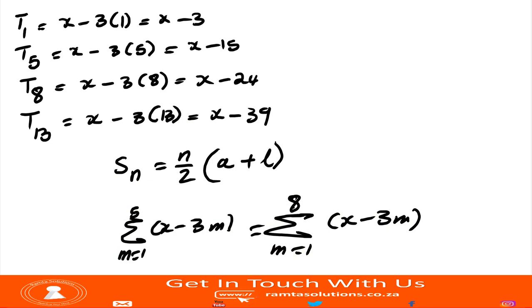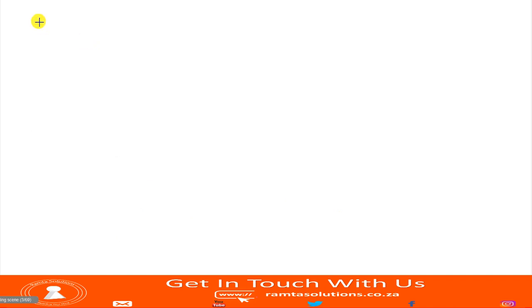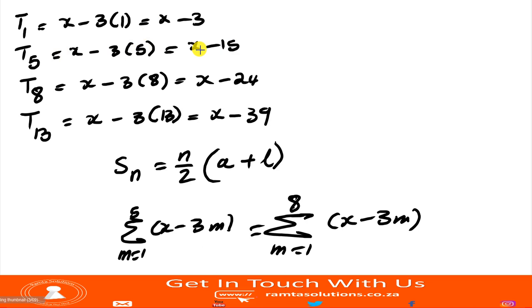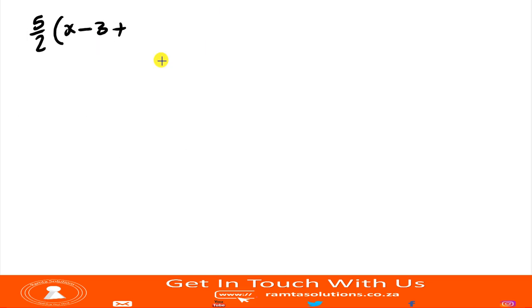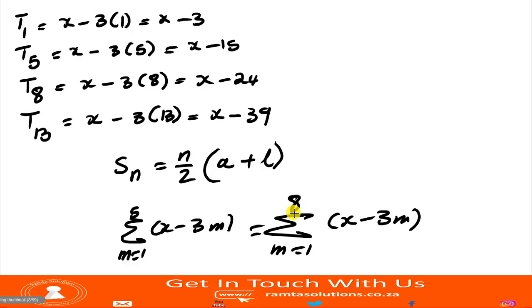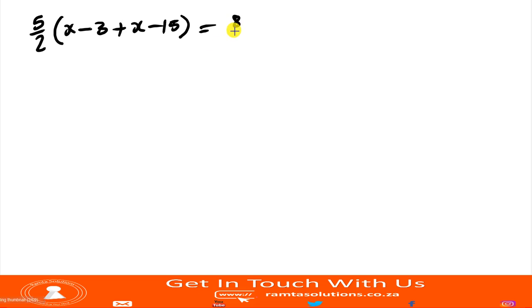So for the left hand side, we have 5 over 2. What was the first term? It was x minus 3. What was the fifth? The fifth was x minus 15. Now, the right hand side, m from 1 to 8, so this is 8 terms. So this will be 8 over 2.